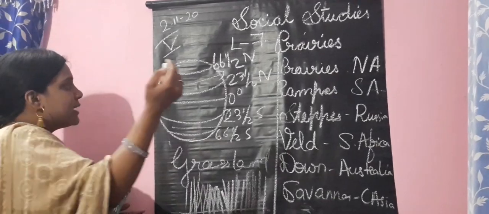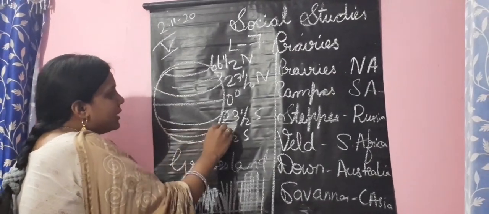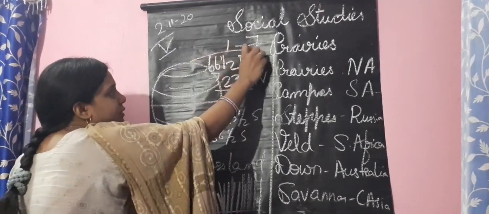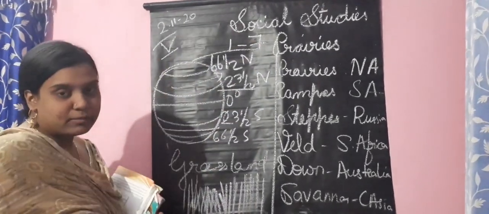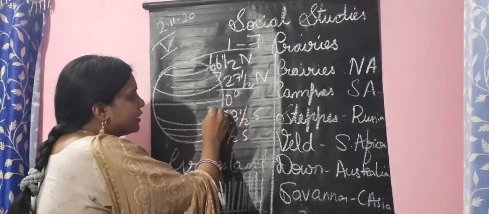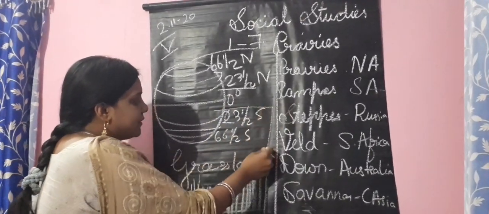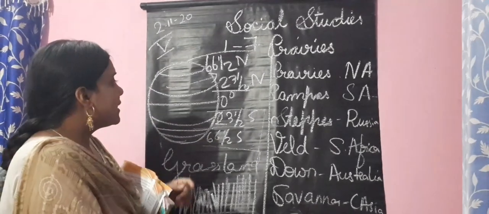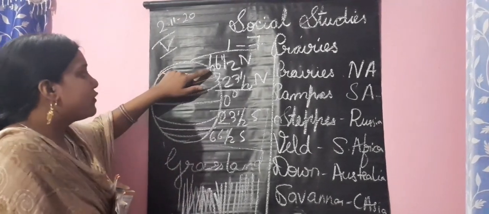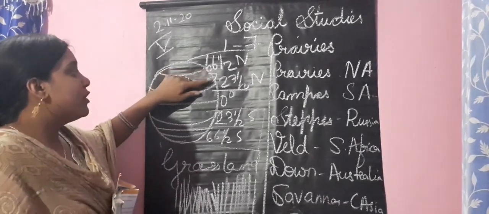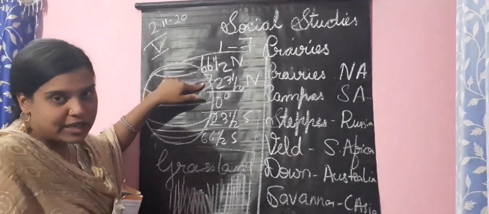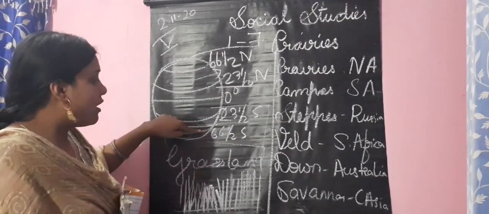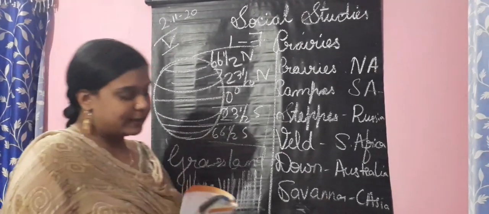So all these prairies lie in the temperate zone, which is between 23.5 degrees north and 66.5 degrees north in the northern hemisphere, and 23.5 degrees south and 66.5 degrees south in the southern hemisphere.